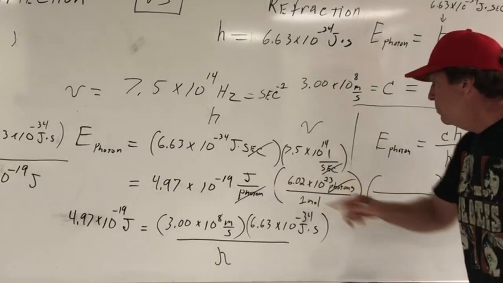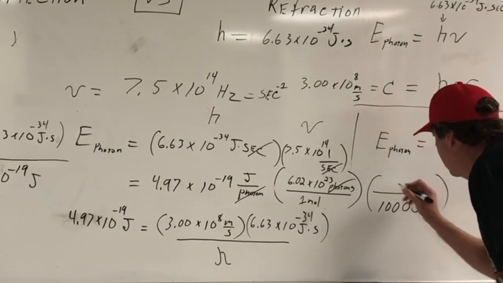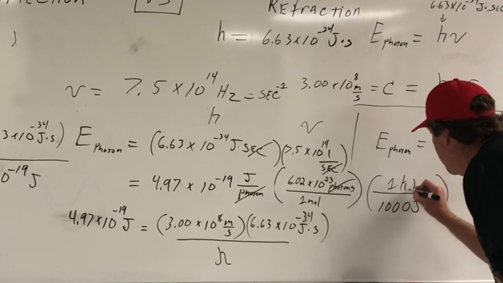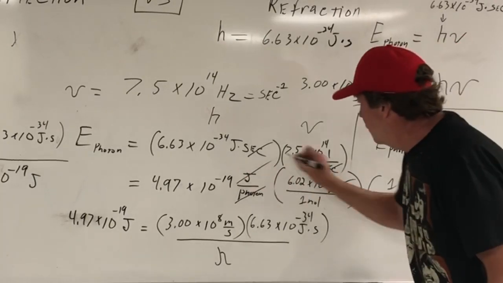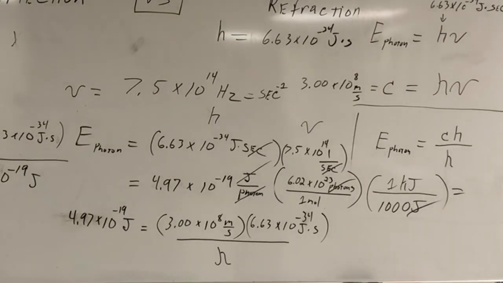We've got 1,000 joules per 1 kJ. And notice that cancels, and we're going to be left with this number. Let me plug it in.